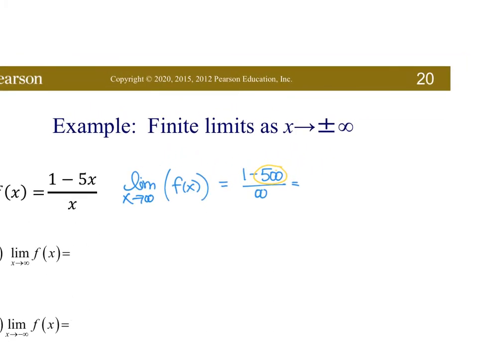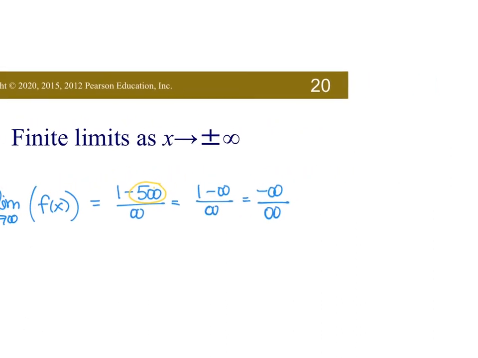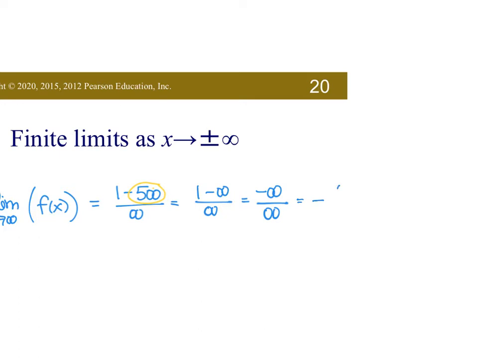Infinity times any number is still infinity. So 1 minus infinity, which is negative infinity, over infinity. That is an indeterminate form as well, because it's a negative in front of infinity over infinity, and that is an indeterminate form.